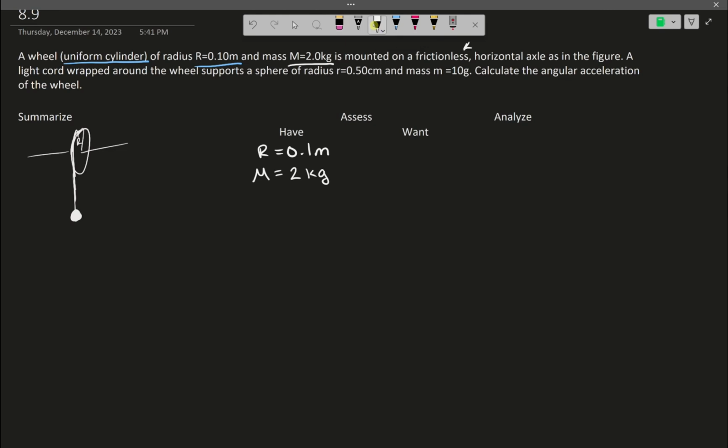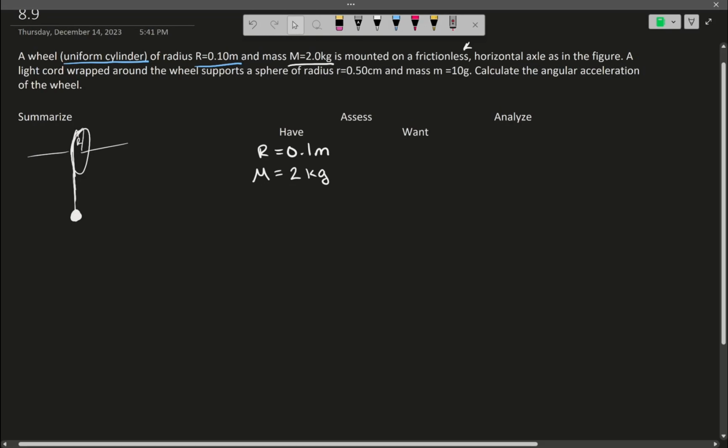The fact that it says it's frictionless tells me that I can ignore any sort of loss of energy, or any dissipative forces like friction in this problem. So we have a light cord.